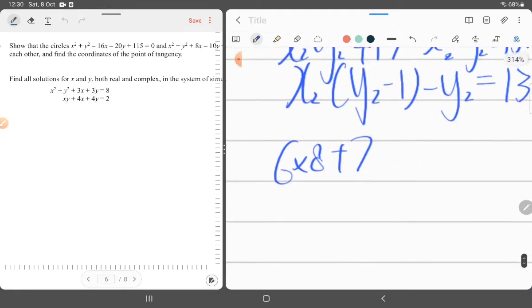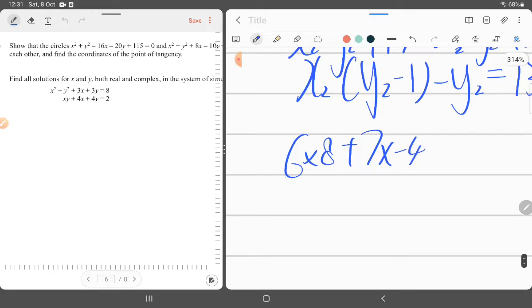So 7 times -4 all over 6 plus 7, which is equal to 20 over 13.